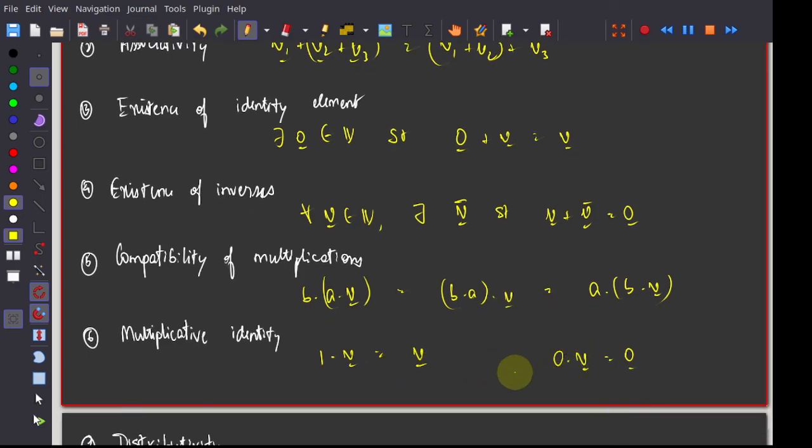And one way to see why this is the case is because you want 0 plus any alpha v to be equal to alpha times v, because 0 plus alpha is alpha. But then this is 0 times v plus alpha v. These two get cancelled, so 0 times v should be equal to the 0.